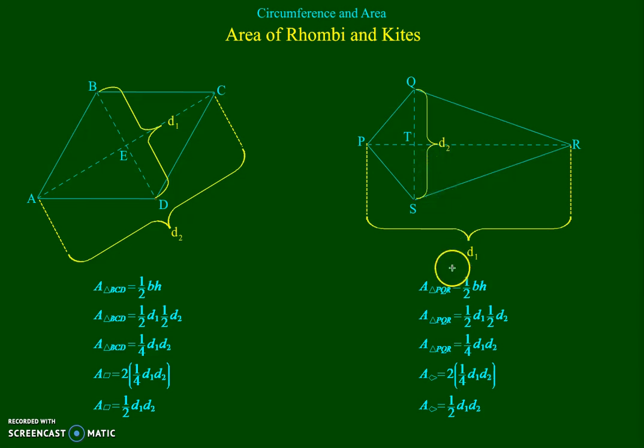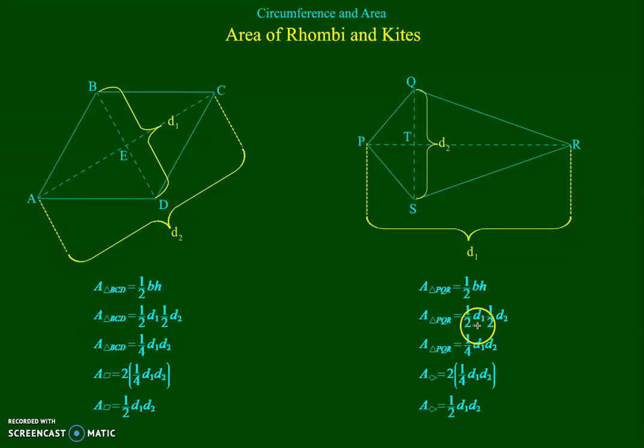Just like we did with the rhombus, we'll start out with the area formula for a triangle, and we're going to look for the area of triangle PQR, 1/2 base times height. In triangle PQR, 1/2 the base is D1. 1/2 D1 is 1/2 the base, and the height is 1/2 D2. So the height here is translated to 1/2 D2.